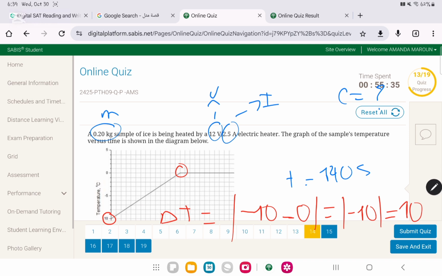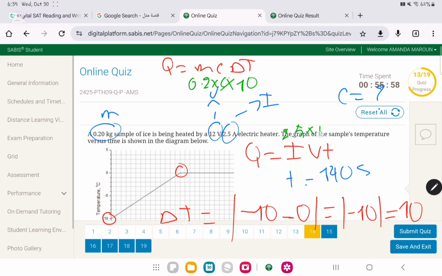So now if you remember, we have Q is equal to MC delta T, and we have Q is equal to IV times the time. We have the mass, which is 0.2. We have C that we need to find, and we have delta T, which is 10. And then here, we have I, which is 2.5. We have V, which is 12, and we have the time, which is 140 seconds.